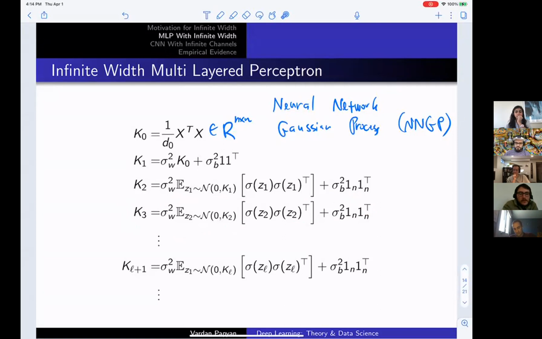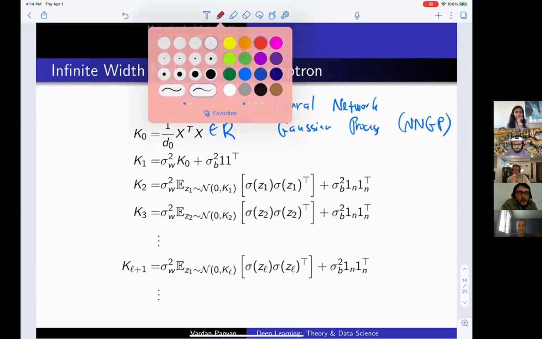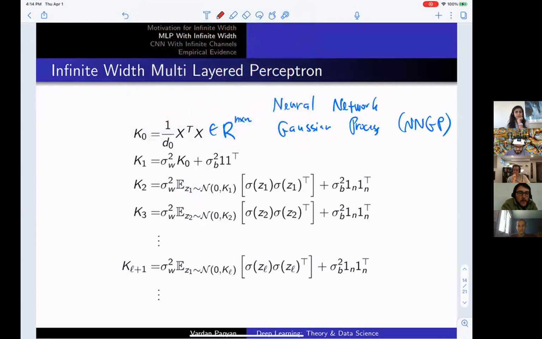What's important to remember is that there is a Gram of some sort, and the Gram is equal to the expectation of some feature vector from a previous layer. Notice the indices here are very important. Here, for example, you have index 2, and here it's index 1, one layer beforehand.